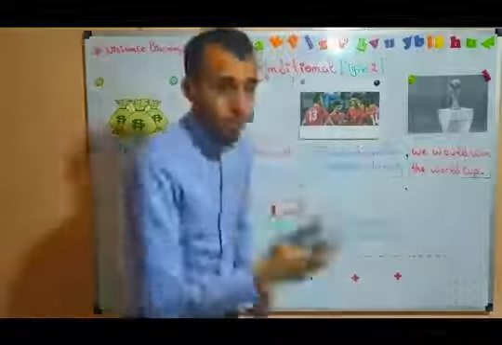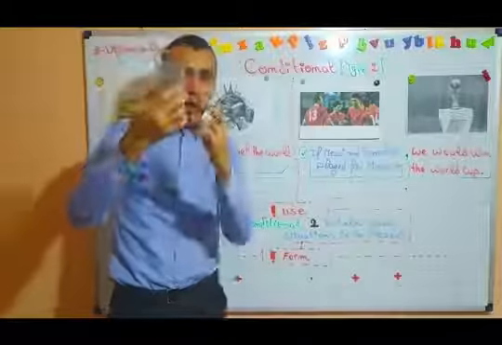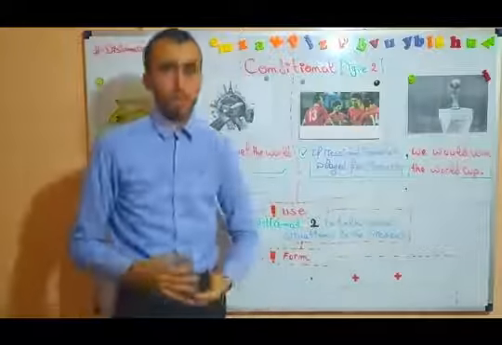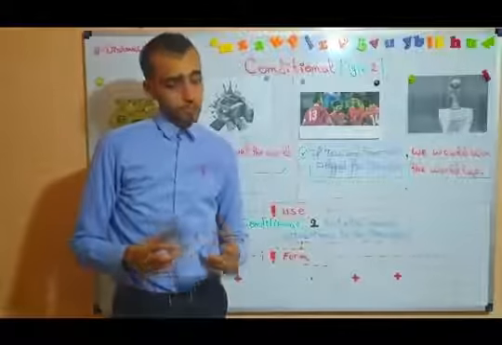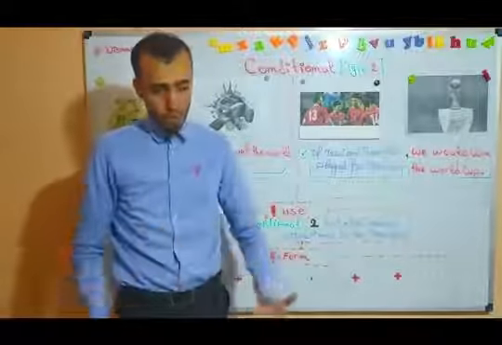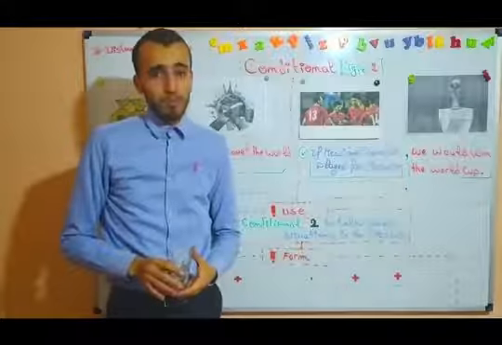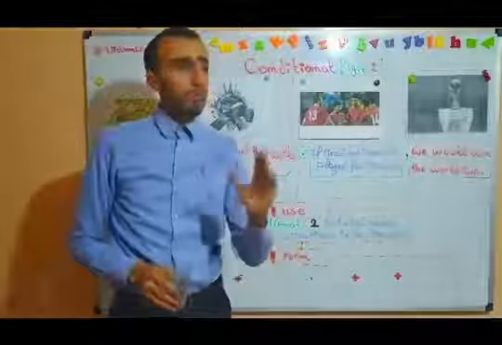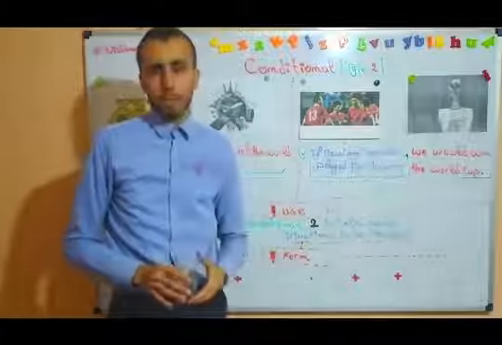Another example for conditional type 1. This is a glass. What happens if I drop the glass? There is a possibility the glass will break. But of course, there is a possibility it will not break. So we use conditional type 1 for future possibilities, or also in the present time.